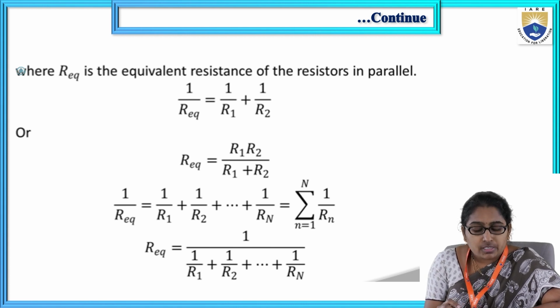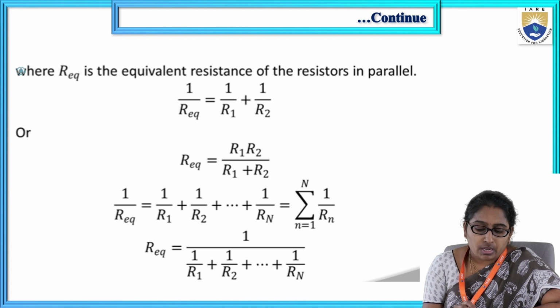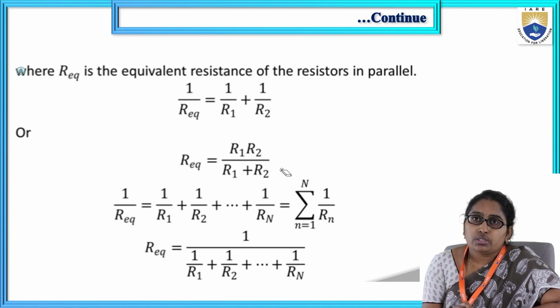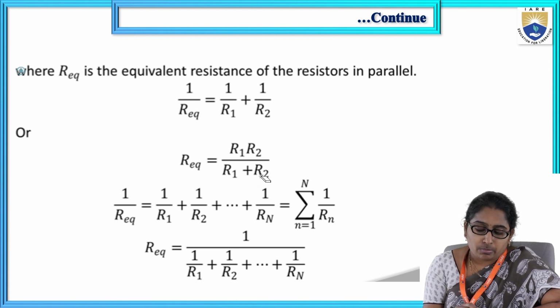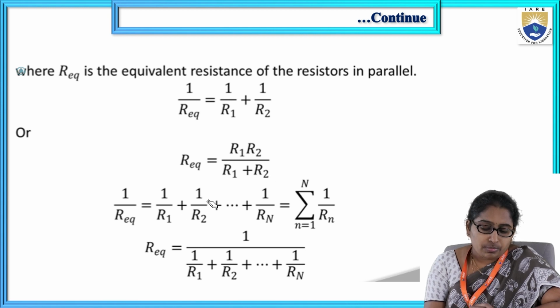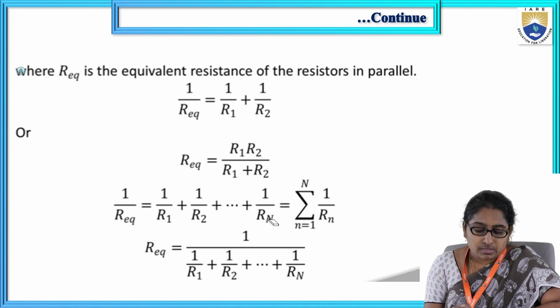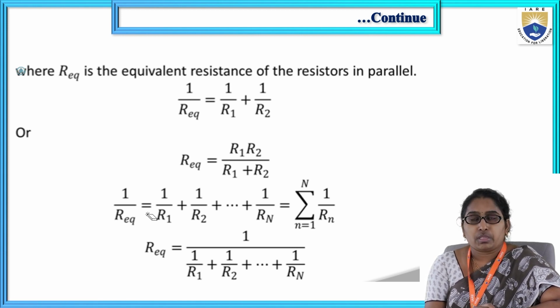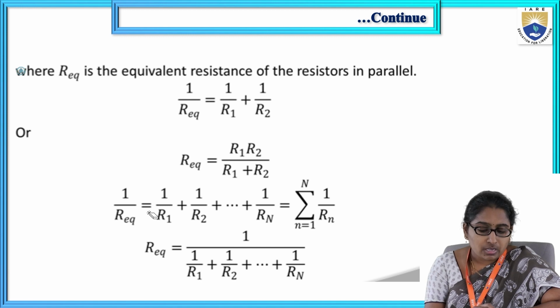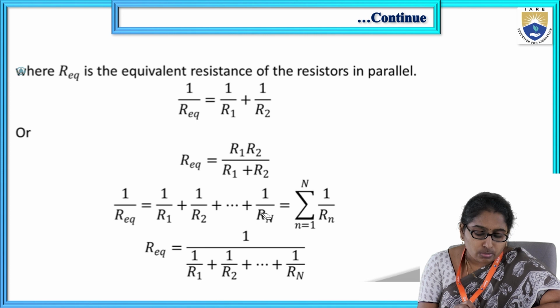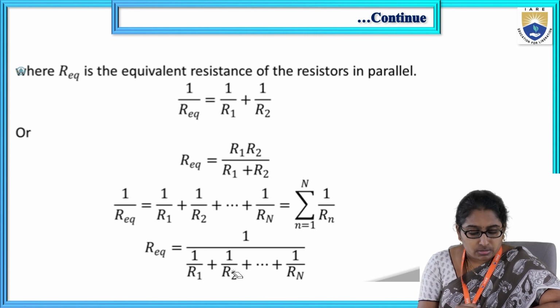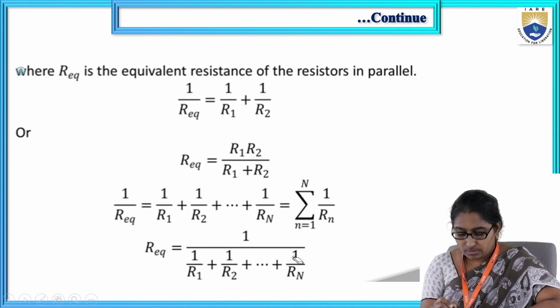That means R equivalent is given by R1 R2 by R1 plus R2: the product of the two resistors divided by the sum of the two resistors. If n resistors R1, R2 and so on up to Rn are connected in parallel, then 1 by R equivalent equals 1 by R1 plus and so on up to 1 by Rn. This is the expression we get.